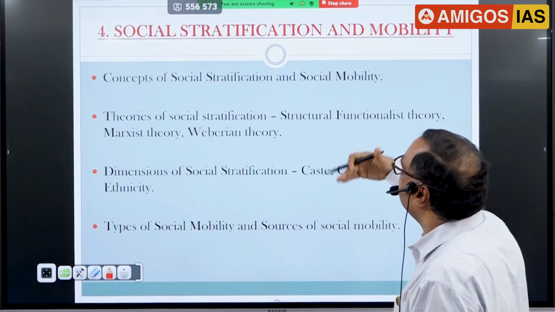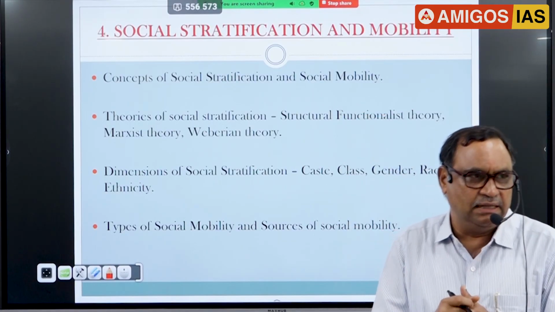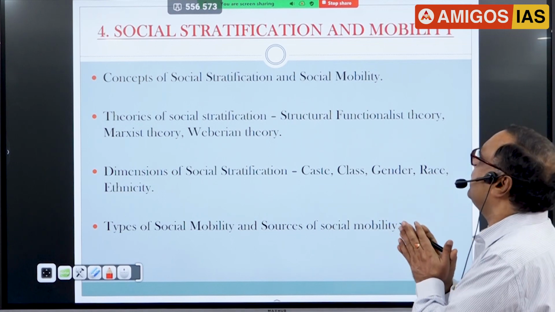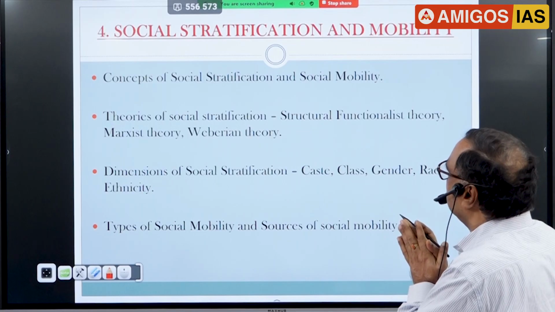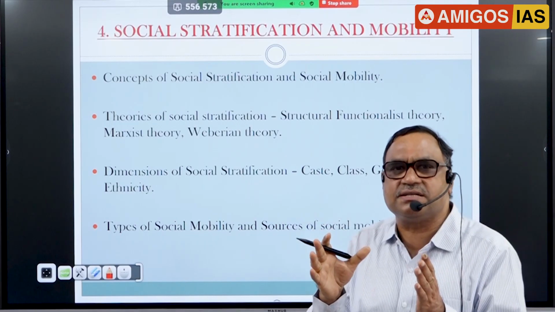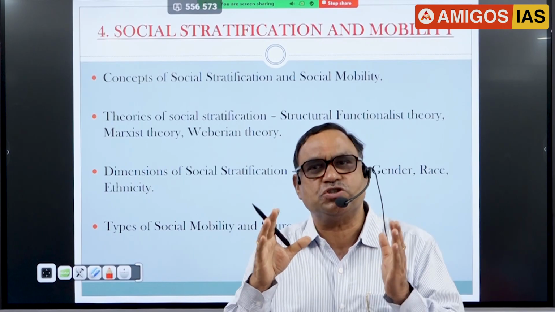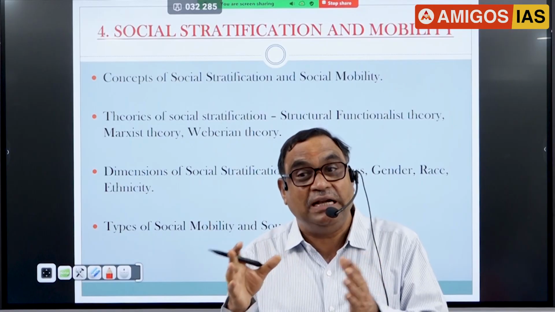Then another important component is social stratification and mobility. This particular component is related to the social inequalities, social exclusion, and social mobility in the society.